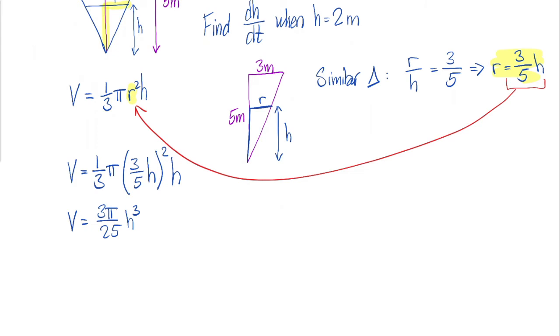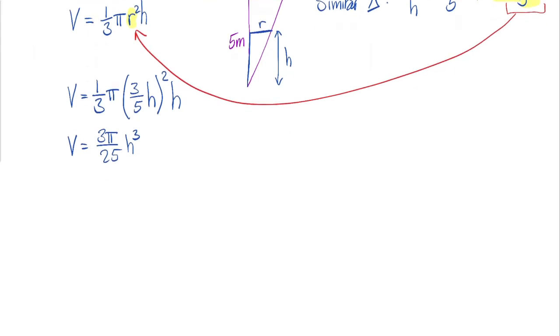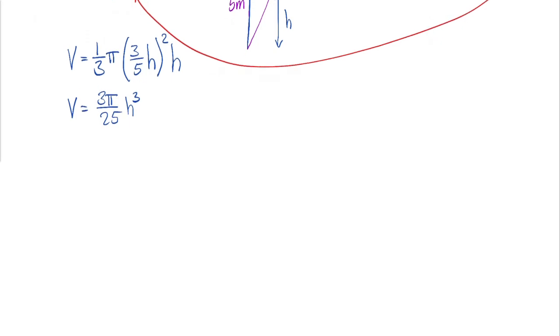So now we can go ahead and differentiate. We're going to differentiate both sides. We're going to differentiate implicitly. So dV/dt equals the derivative with respect to time of the following expression.